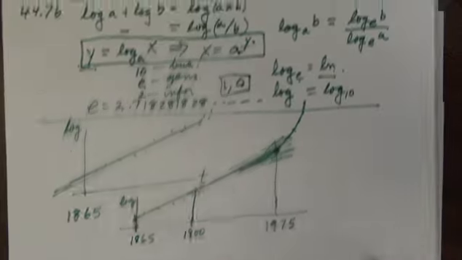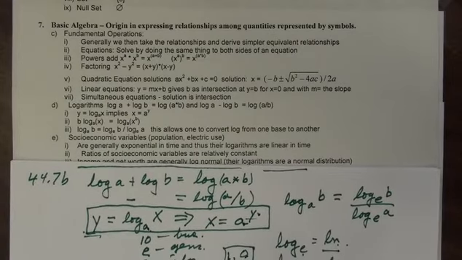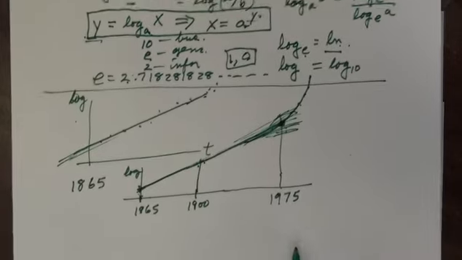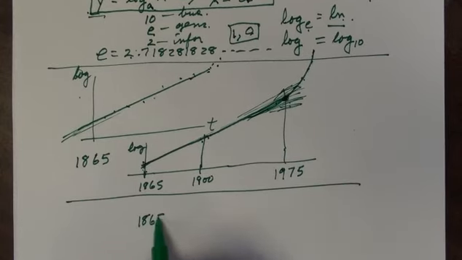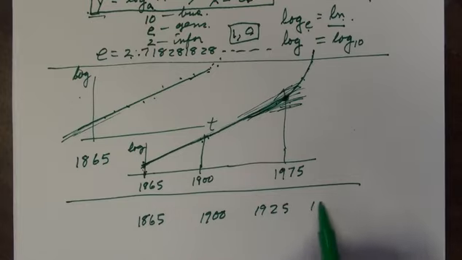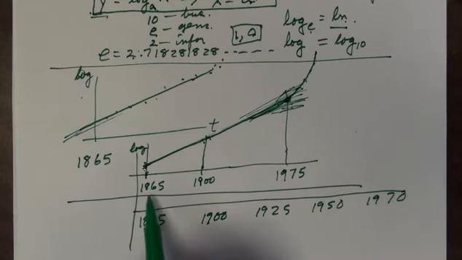But to get back to what I was about to discuss, I got a little bit sidetracked. If I look at ratios of economic variables, they're relatively constant. So if we look, for example, over a period of time in 1865, 1900, 1925, 1950, 1975, if we were to look over a period of time like this and say, what is the fraction, now let's look at the fraction of percentages from 0 to 100%.